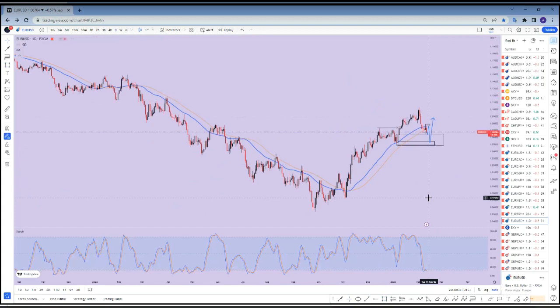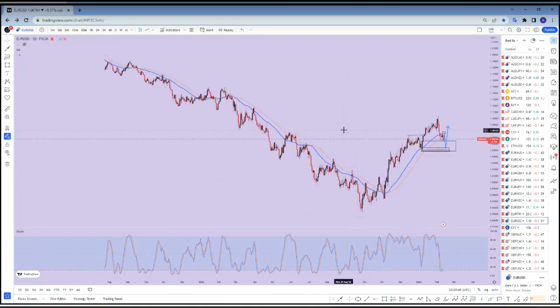On the daily time frame, we could see something like this: a situation where the stochastics are going higher but price is going lower, and then all of a sudden we see the spring.